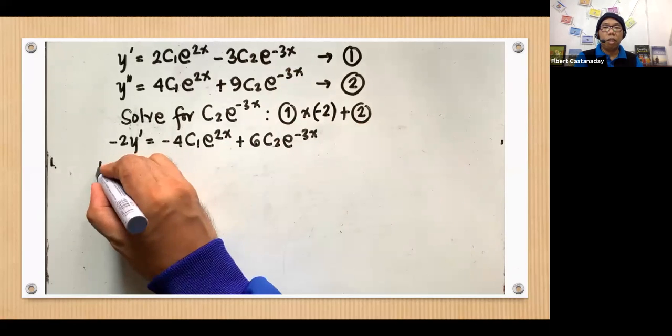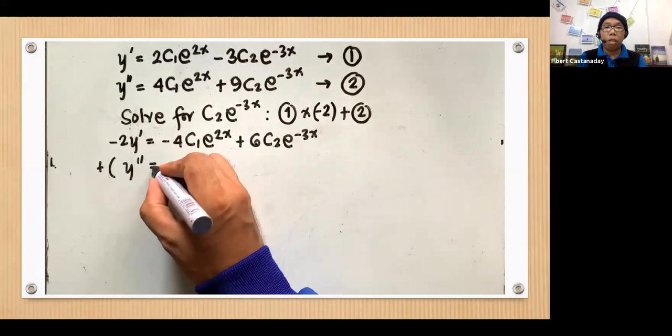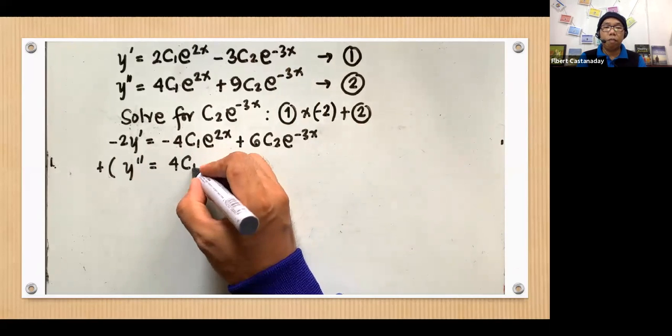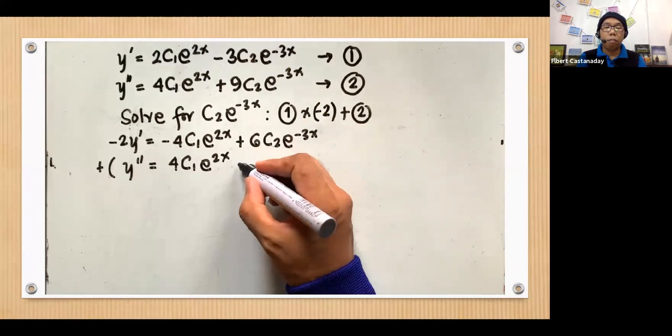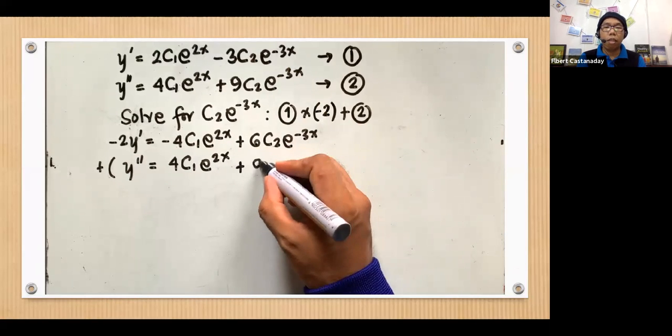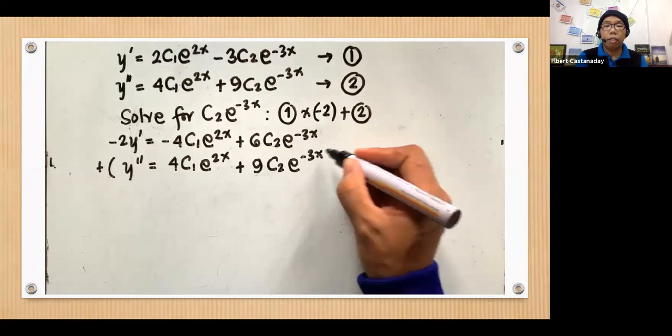Okay, ito na yung result ng after natin ma-multiply yung equation 1 by minus 2. And then we add equation 2, y double prime equals, just copy, 4c sub 1 e raised to 2x plus 9 c sub 2 e raised to minus 3x.